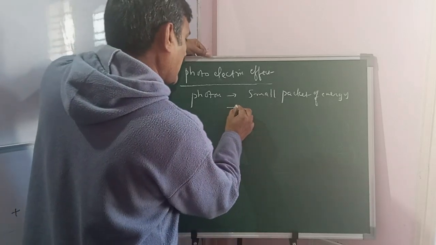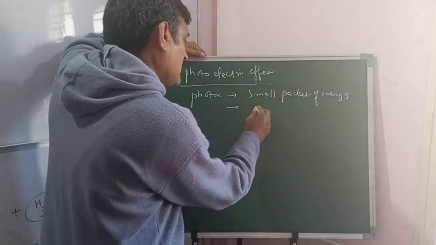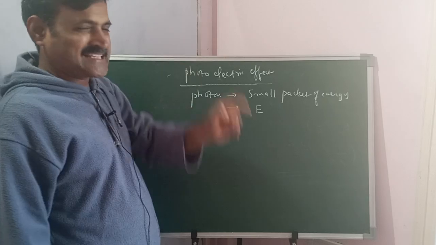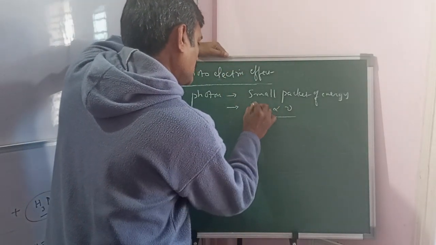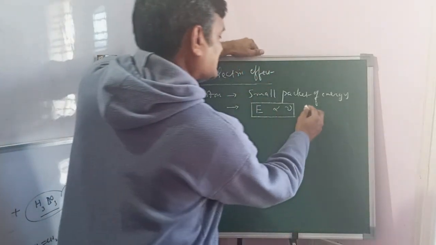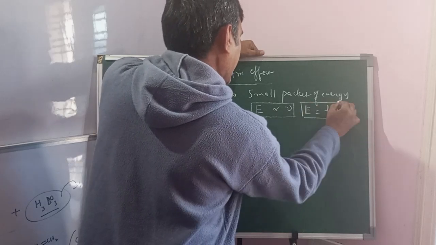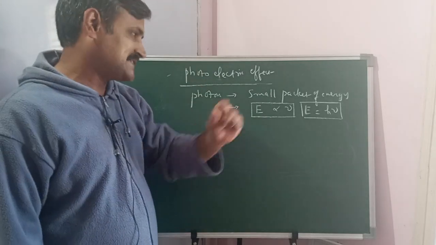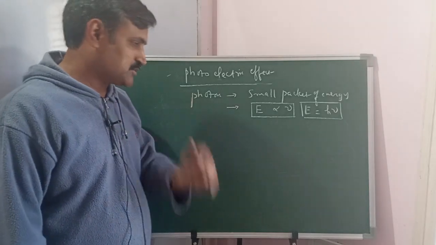The small packet of energy is said to be a photon, and this energy, as per Max Planck's quantum theory, is directly proportional to the frequency of the radiation, which was given as E equals h nu, where h is Planck's constant.